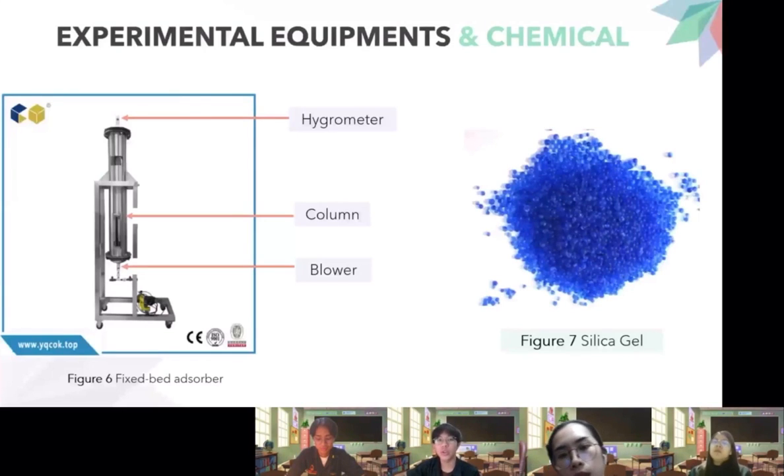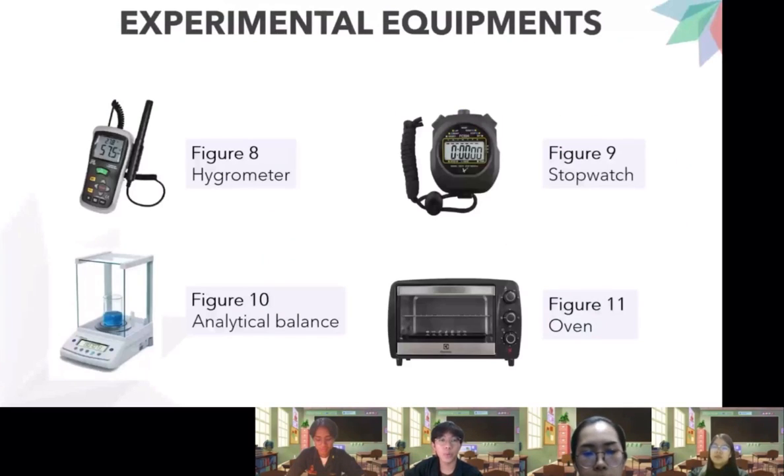The chemical used in this experiment is silica gel, which has the ability to absorb moisture from the air. A hygrometer is a moisture meter for the air. Stopwatch. Analytical balance to weigh the silica gel. And oven.